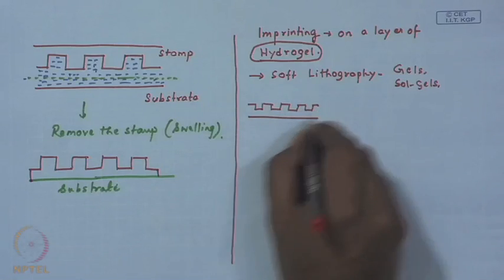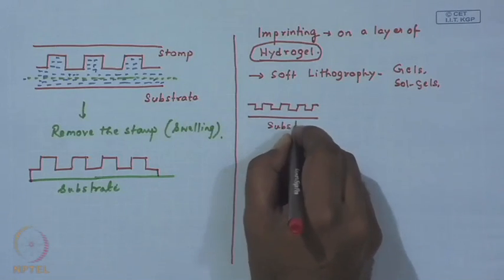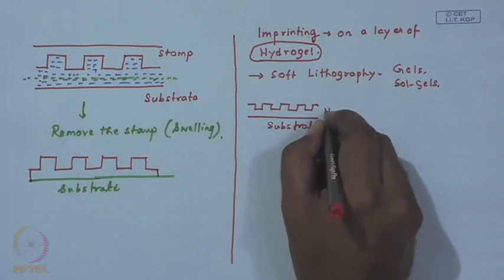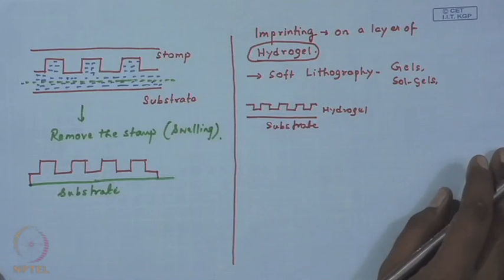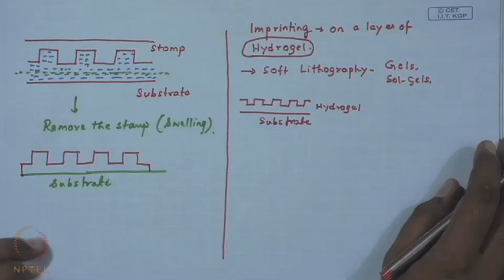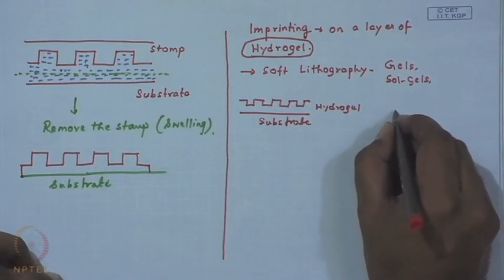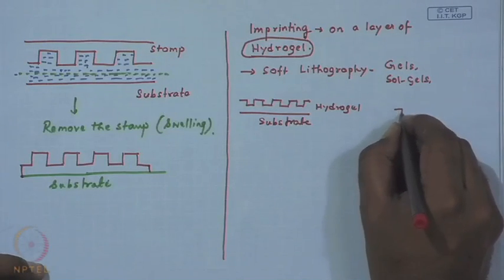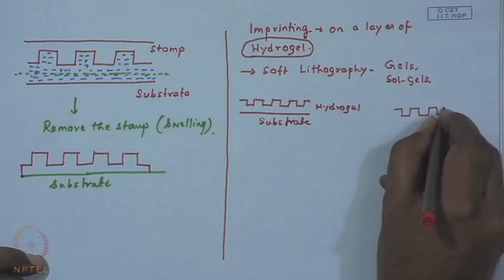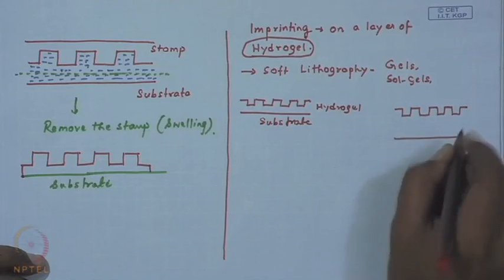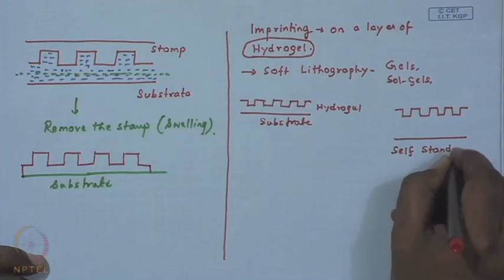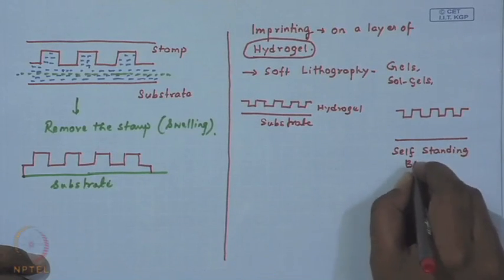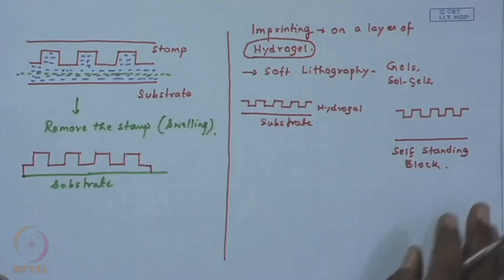Okay. So, this is let us say the substrate, and this is the hydrogel layer, and by any of the soft lithography techniques you can very easily get a negative replica of the stamp. In this particular method, what was done, that instead of a thin layer, a block of hydrogel was patterned, a self standing block. It is a simple replica molding, you can say.